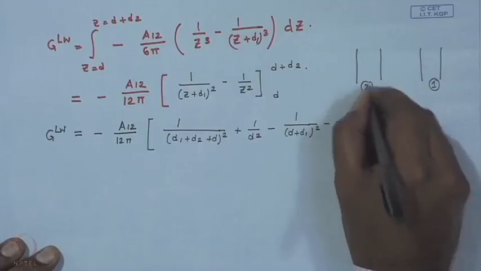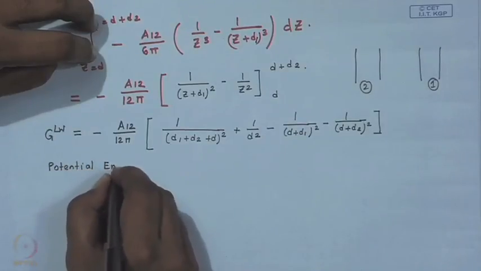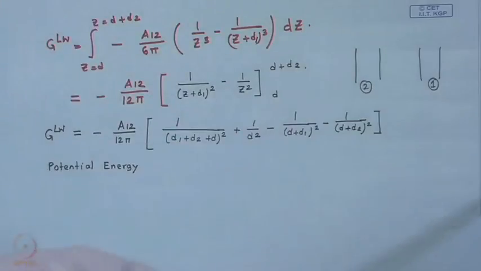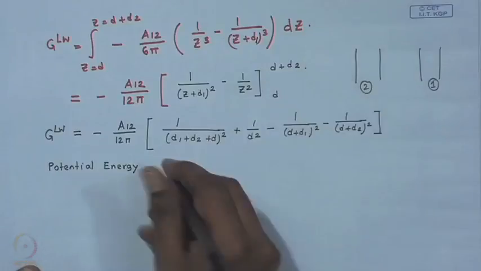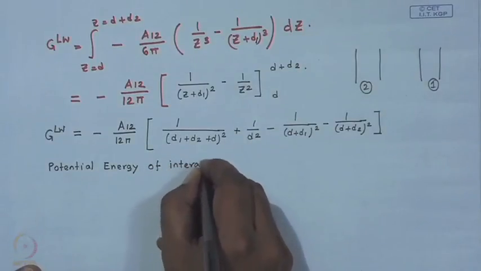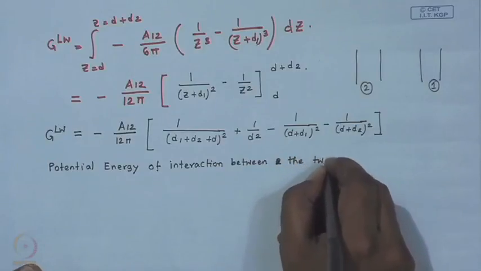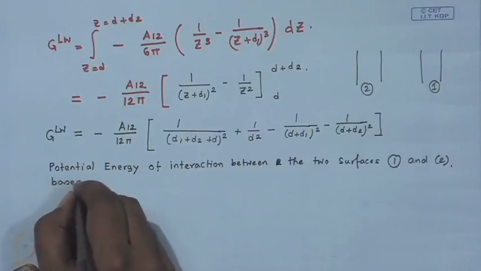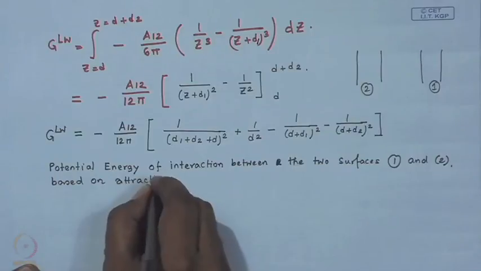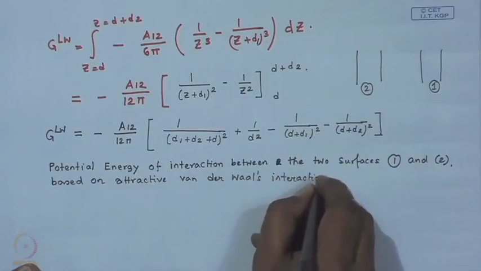This is 1, this is 2, and so this is the potential energy of interaction between the two surfaces, considering the attractive van der Waals interaction.